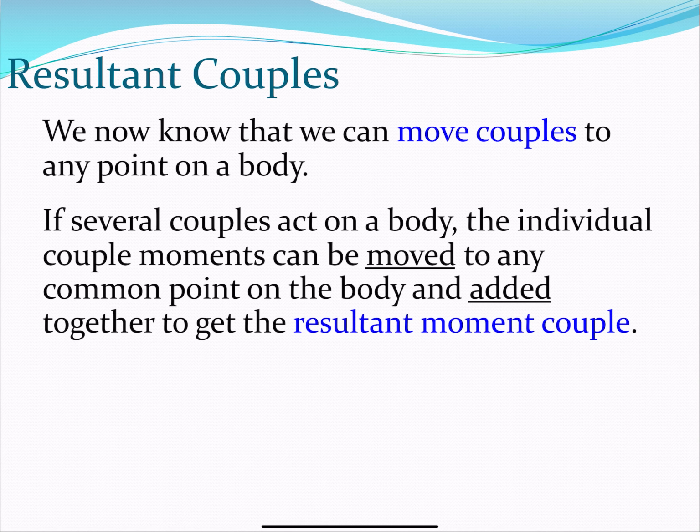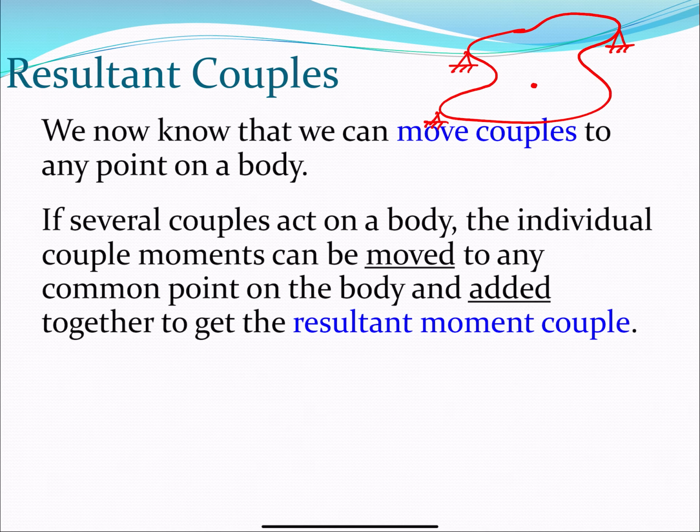Now, we know that we can move couples to any point in a body because they would create the same moment. For example, let me describe a body for you. This body has some supports, the same supports that we were discussing the other day. It's a rigid body supported onto many things, and there is one couple of forces over here.